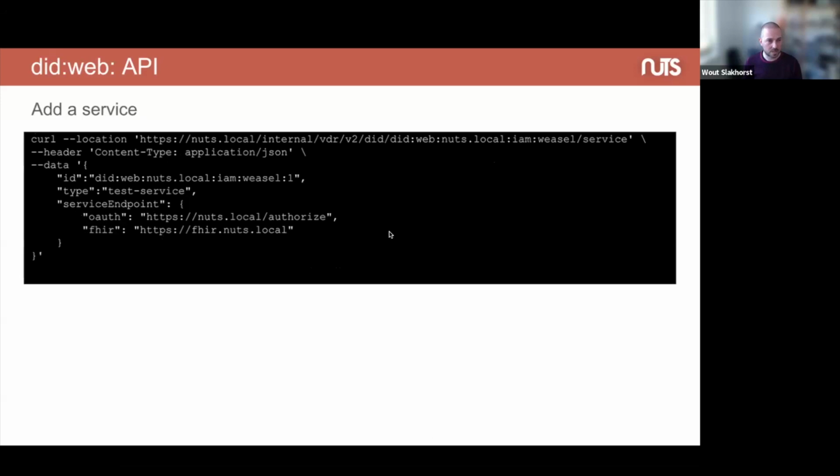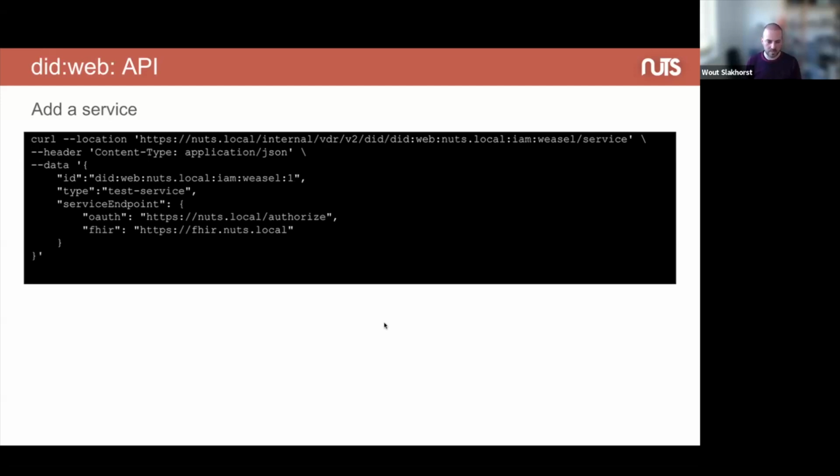Adding a service has become much, much easier. It's just a CRUD operation where you pass in the service data as a JSON object. So there's no need in updating the entire DID document like we used to do with DID Nuts. Now we can just say add service. We can also say add verification method, and then it's done.